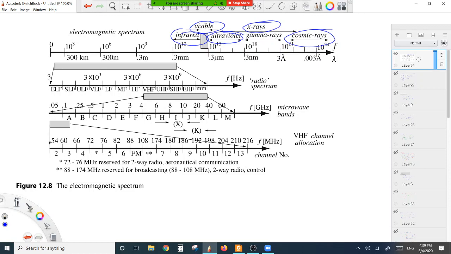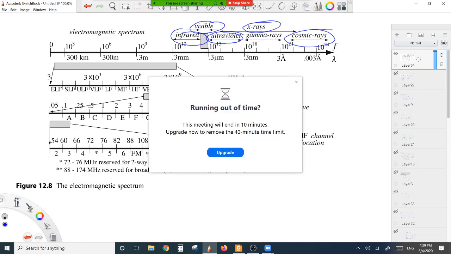This is probably familiar to you from school or from college. Light, for example infrared light or ultraviolet, X-rays, or visible light, are electromagnetic waves.